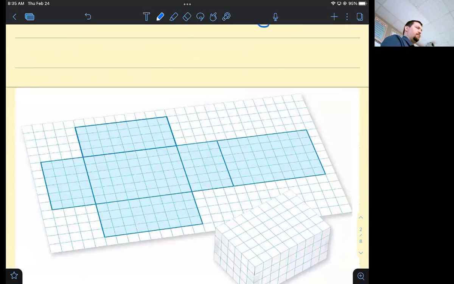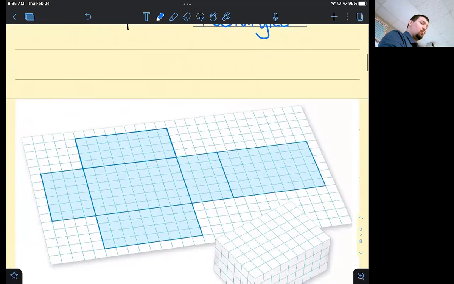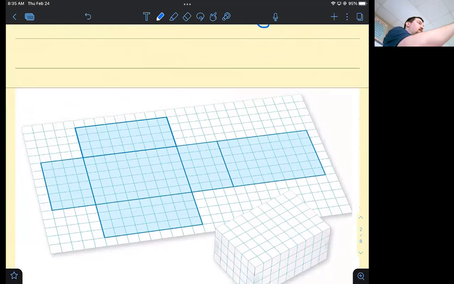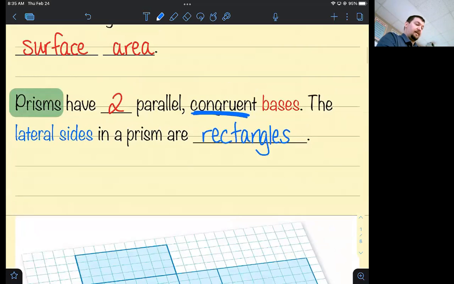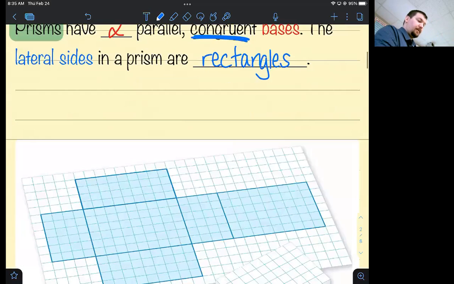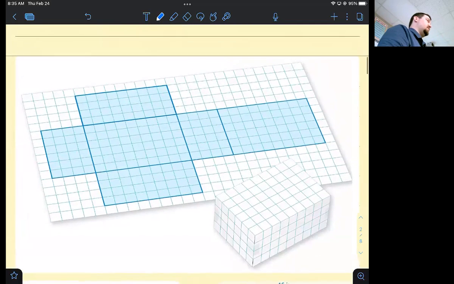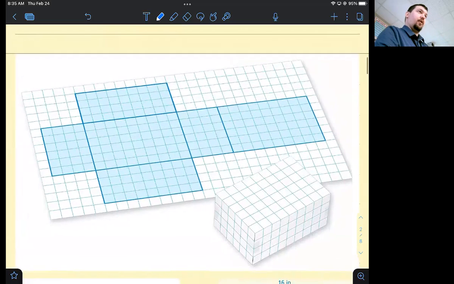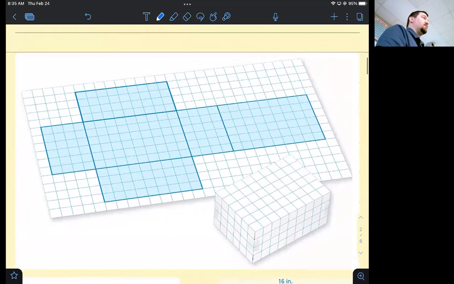You're like, wait a second, they're all rectangles. That's because the first word in front of the word prism, rectangular prism, describes what the bases will look like. If I told you the base is a rectangle, all the other sides are going to be rectangles, because that's true for all prisms. But there are triangular prisms and octagonal prisms and whatever shape you want as your base.